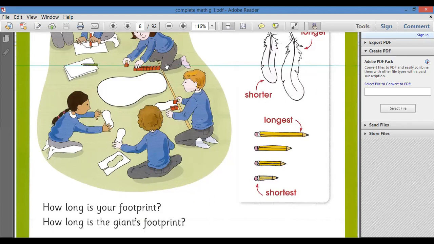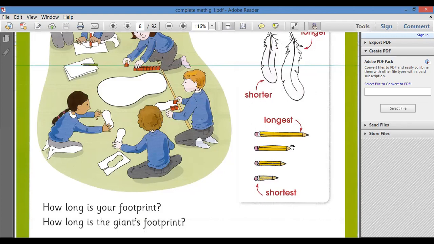Okay, now we have longest and shortest. When we are talking about one thing, we use EST with the word longest. This pencil is longest, means there is no other pencil which is longer than this.